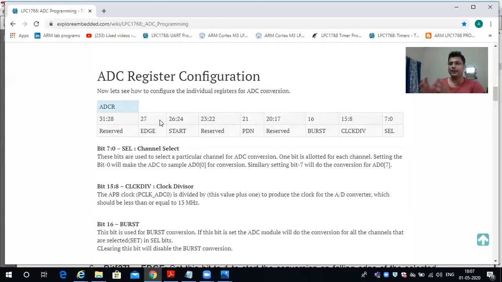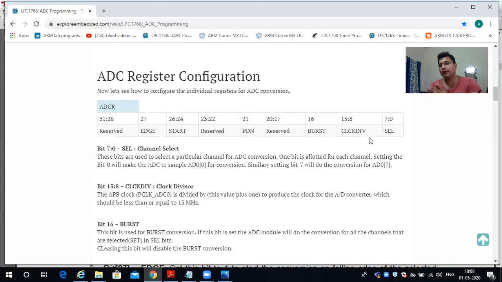Once again, in brief, the 8 selection bits are to select the input signals over which the ADC module will finally start working and convert the analog signal to the digital signal. For further division, if our requirement is to further slow down the peripheral clock, because using the PCLK select register only 4 possibilities are there, and we want to further decrease the frequency, we can write some values.